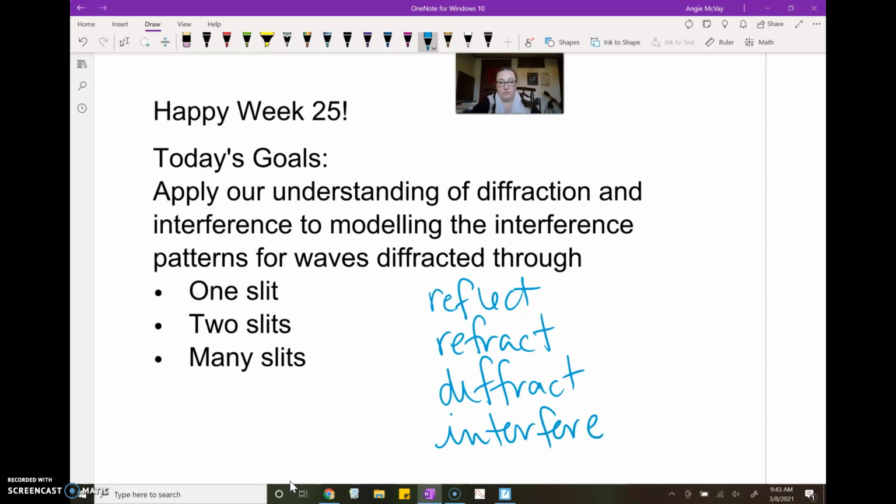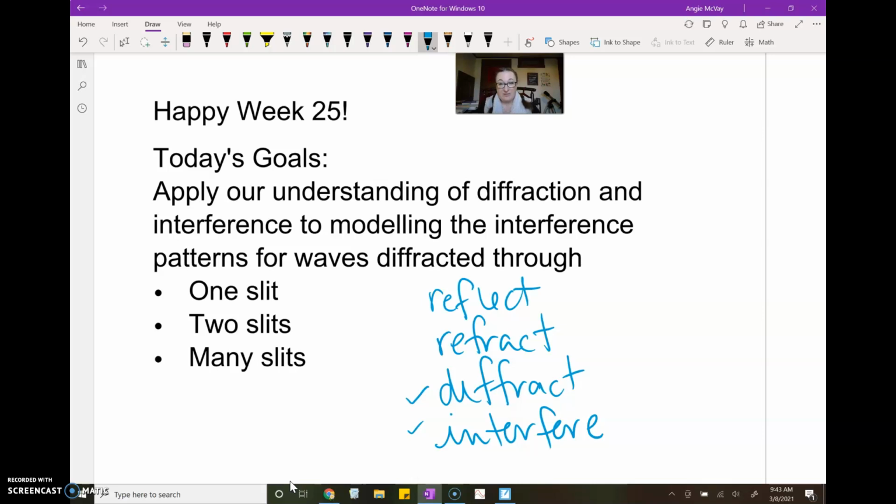So far we've been talking about interference and diffraction. Diffraction is just bending of a wave around an obstacle, and interference is when different points of a wave overlap and make a pattern. We will in this unit also talk about patterns in reflection and refraction.